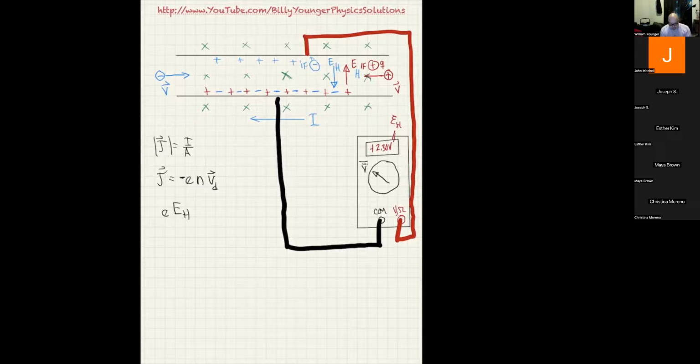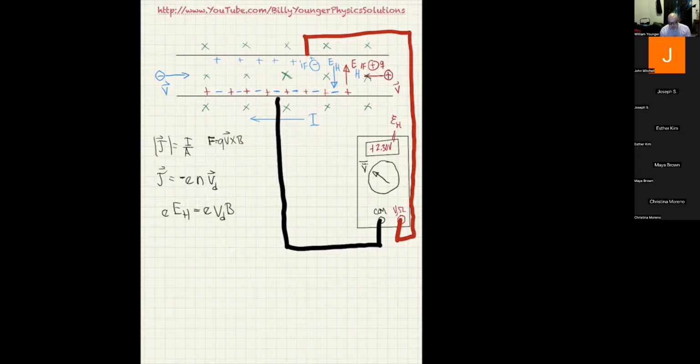Well, guess what? The magnetic field is also going to act on those same charges, and that's going to give you a magnitude of e times the drift velocity times B, because remember, it's qv cross B that the force is.